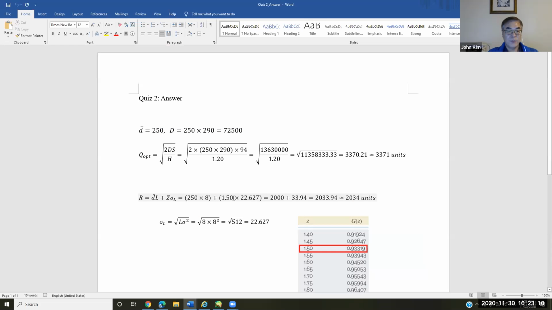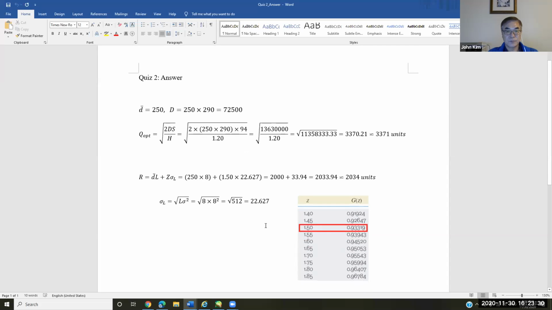So 1.5 times the standard deviation during lead time. That is the square root of lead time L times the standard deviation squared, which is now 22.6127. So by calculation, 2033.94, approximately 2034 units reorder point.